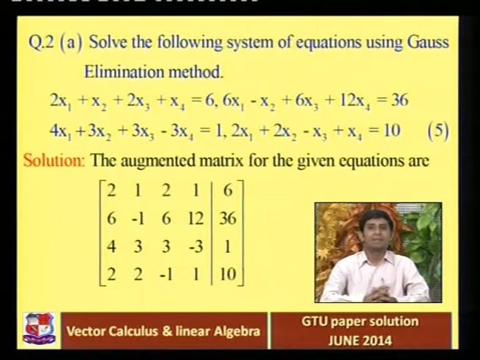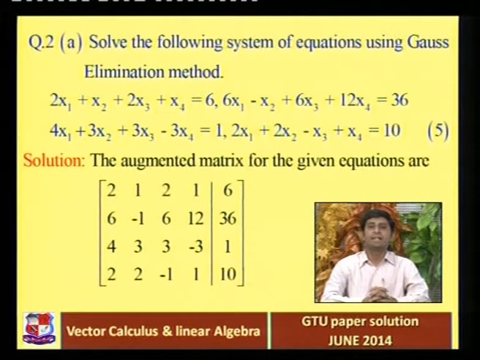Suppose there is any matrix, of any size. There are some conditions for it to be a row echelon form matrix. The first condition is, if there is any zero row, that is, a row in which all elements are 0, then it should always be at the bottom of the matrix.